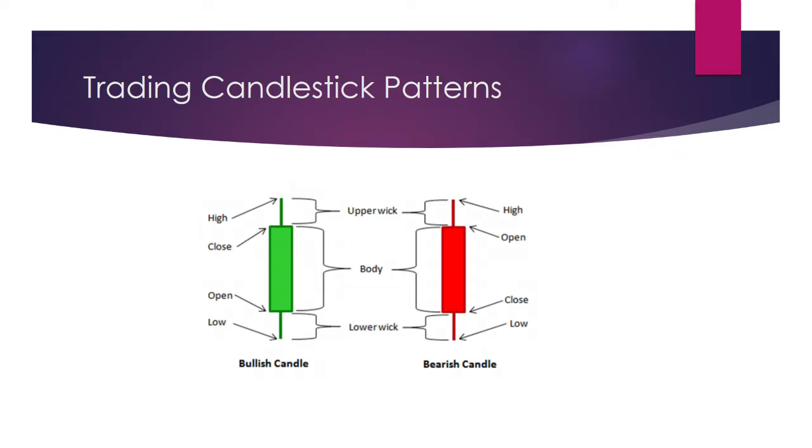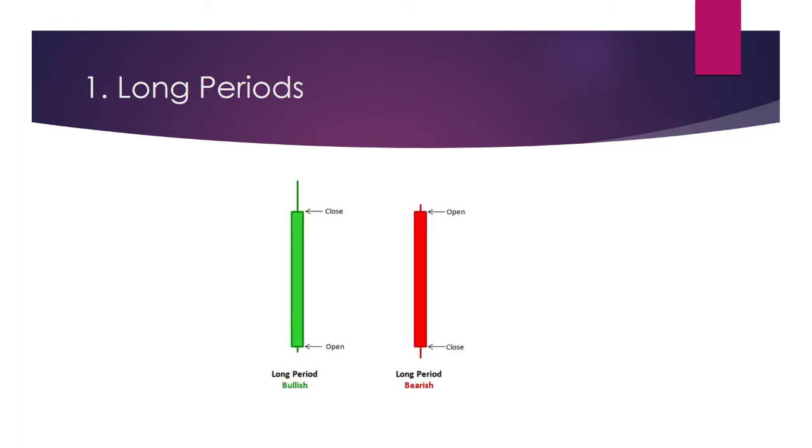All right, here we go. Long periods. Everybody see how long them candles are? Them candles are telling a real big story right here. This type of candle usually occurs when the market is extremely volatile.